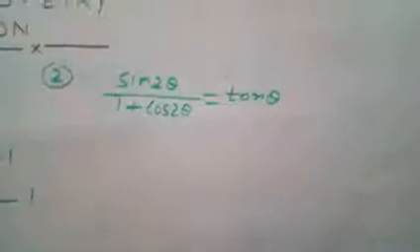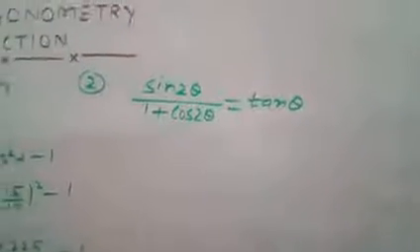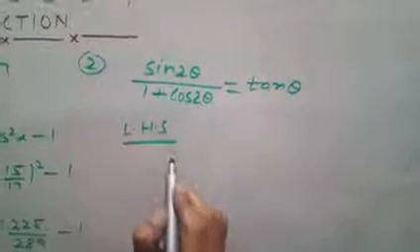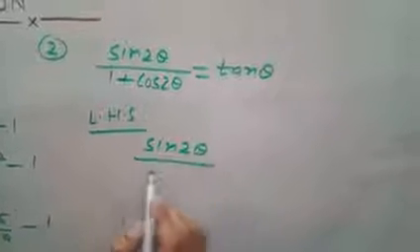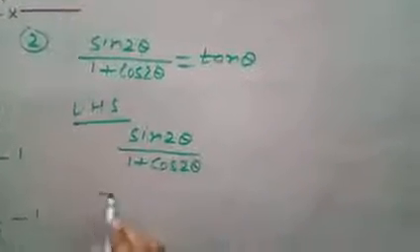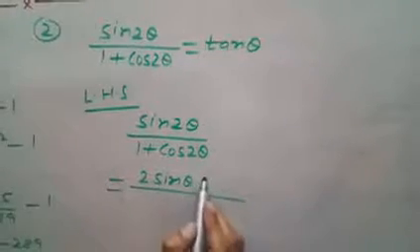Similarly, if we see the second sum, sin 2 theta upon 1 plus cos 2 theta, we have to prove tan theta. So if we take the left hand side, that is sin 2 theta upon 1 plus cos 2 theta. So sin 2 theta can be written as 2 sin theta cos theta.